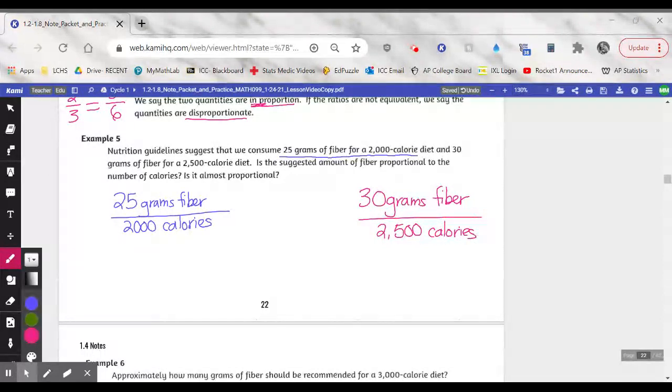So I'm going to check and see if we get these to be proportional. I'm going to just simplify the fractions, and I can just enter this in my calculator. So I get 1 gram of fiber for every 80 calories.